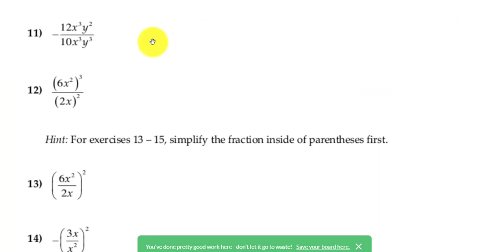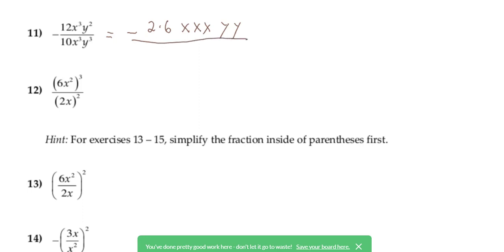So on the next page, let's look at maybe number 11. Okay, so I see a negative sign there. And the 12, let's see, we could write that as 2 times 6. And then I have 3 x's and 2 y's on my numerator.